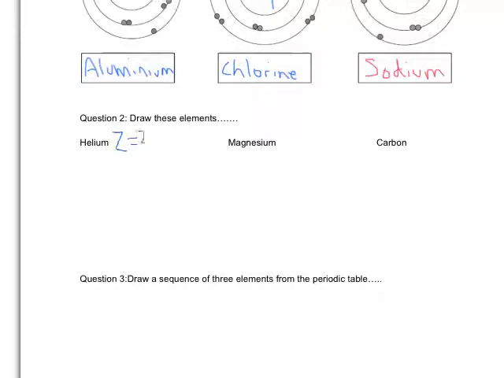So the second element has got an A, if I'm rounding it to the nearest whole number, of 4. Let's go and have a look at magnesium. Magnesium has got a Z of 12 and an A of 24. And carbon has a Z of 6 and an A of 12. Again, I'm reading from the periodic table, rounding the A's to the nearest whole number.